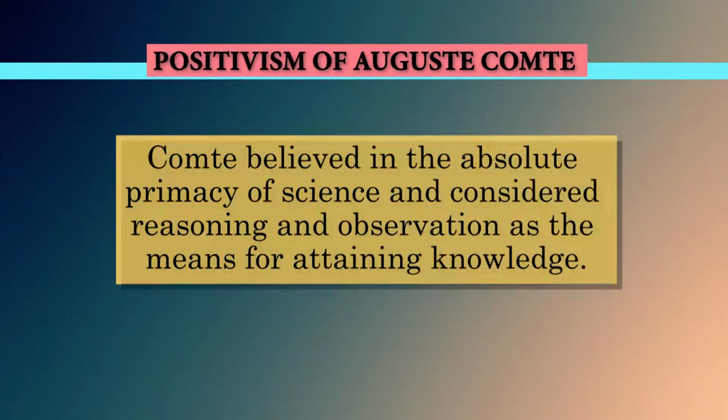So it was a phase where scientific laws were considered the most important source of true knowledge. Comte believed in the absolute primacy of science and considered reasoning and observation as the means of attaining knowledge.